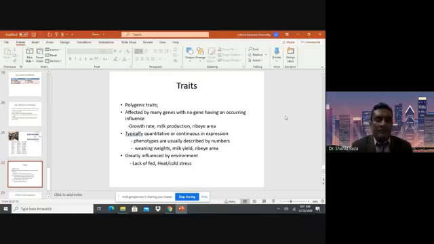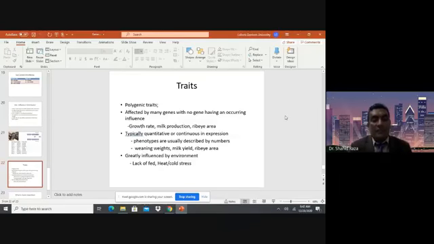Typically they are quantitative or continuous in expression, and phenotypes are usually described by numbers like weaning weights and milk yield. These characteristics relate to growth rate or milk production in animals.